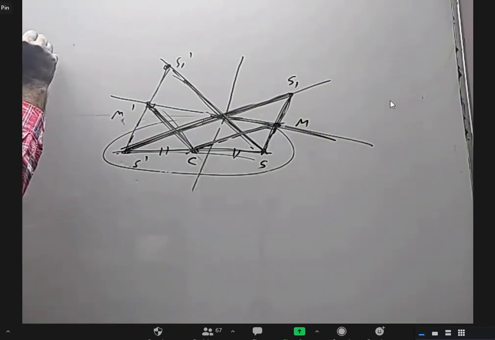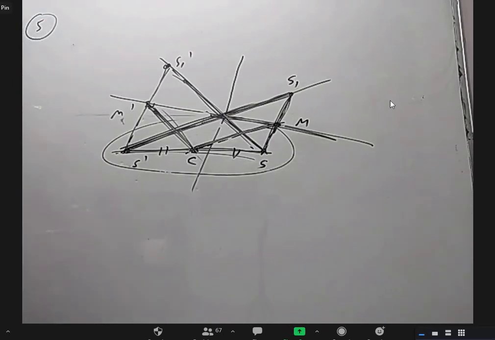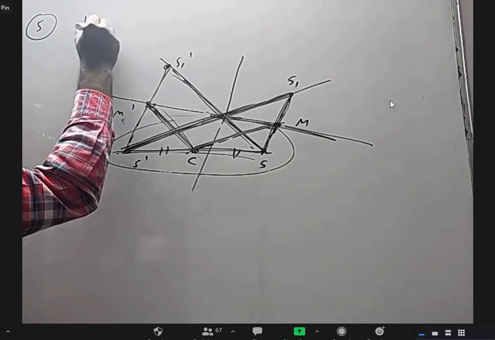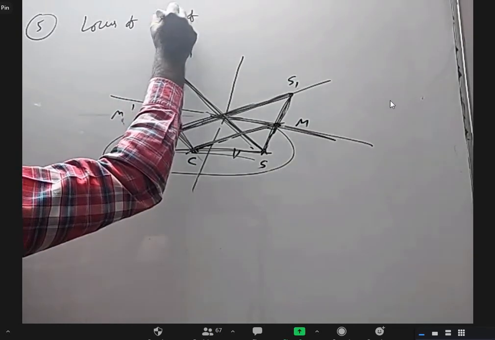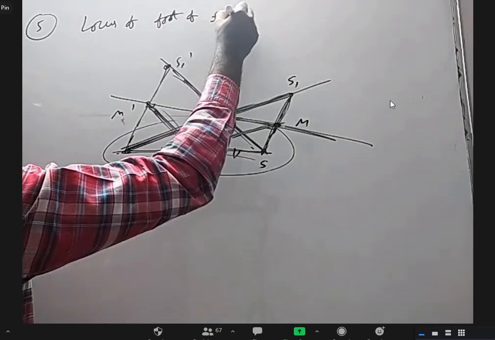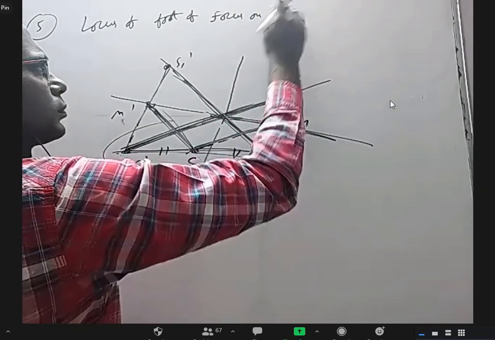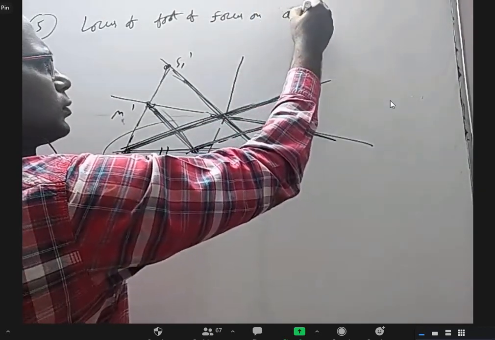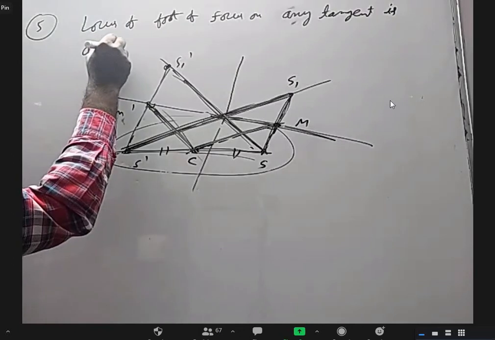This is the fifth point. You have to simply write one statement: locus of the foot of the focus on any tangent is the auxiliary circle.